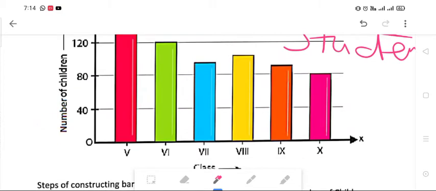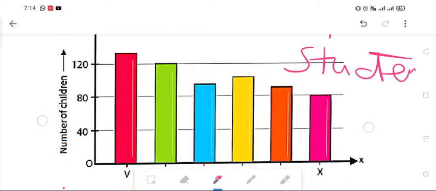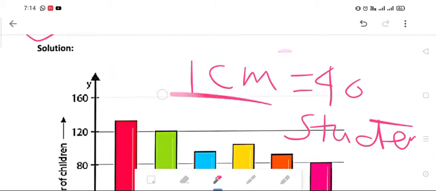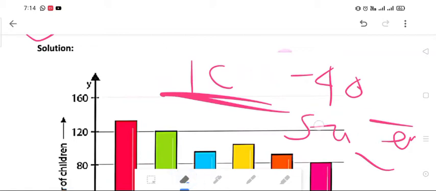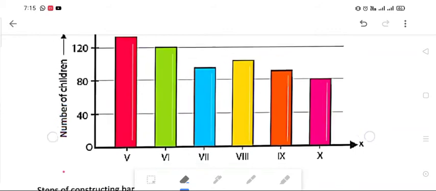Here we have taken intervals: 0 to 40, 40 to 80, 80 to 120, and 120 to 160, and the difference between each is 40. Therefore 1 centimeter is equal to 40 students. So this is the scale, 40 students. Okay, so let's see the bar graph for this question.